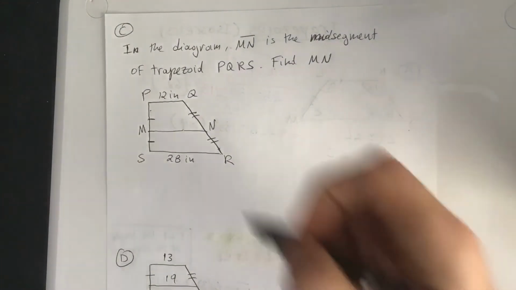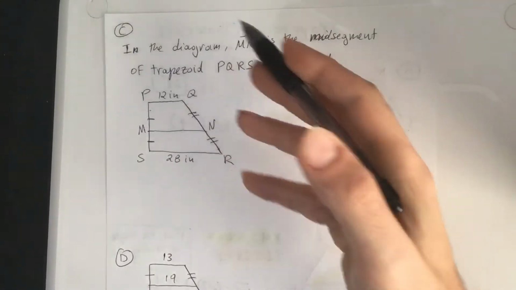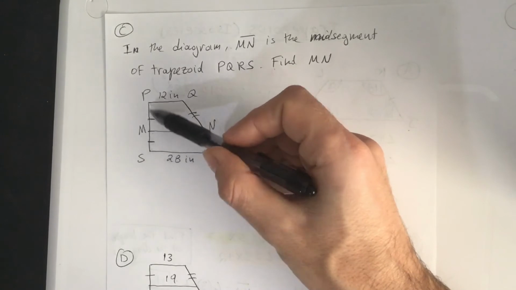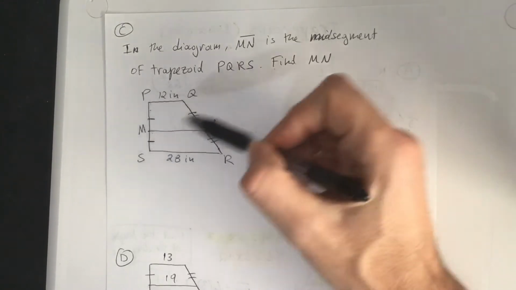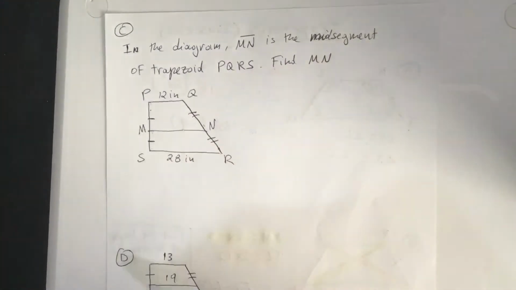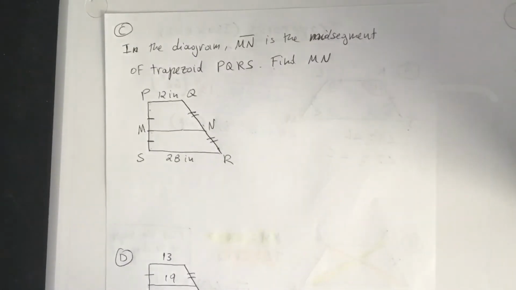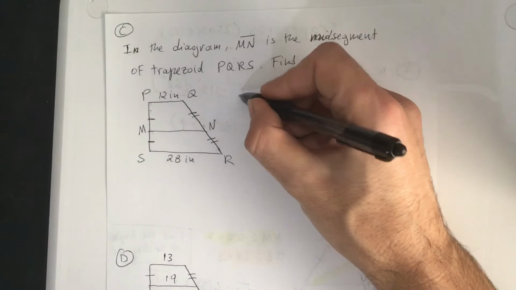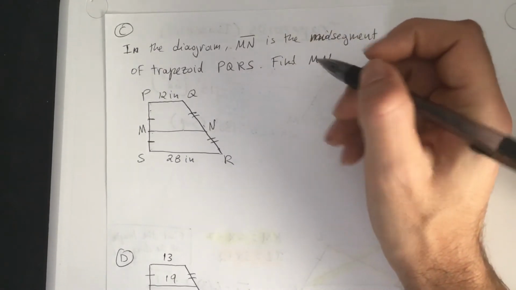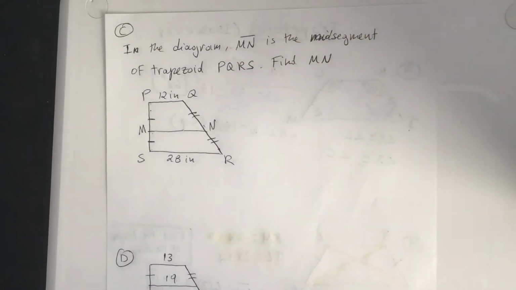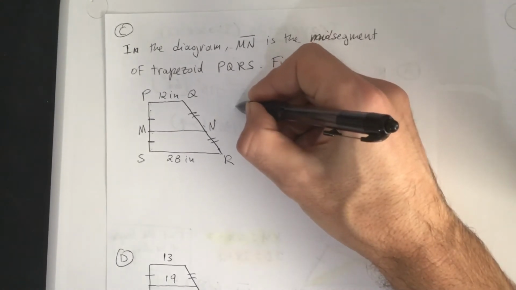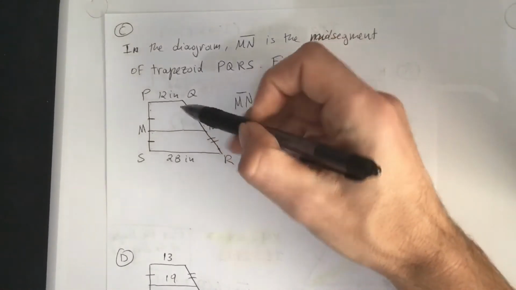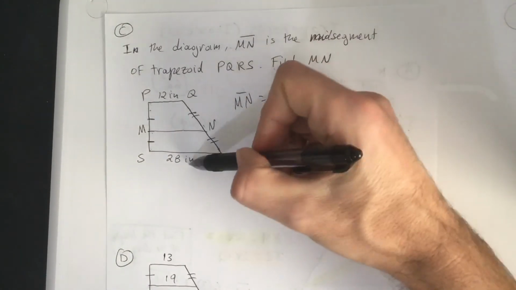So basically to find out the mid-segment of a trapezoid, it's a mid-segment because this side over here is the same thing. This segment over here is the same thing as this one, and this one is the same thing as that one, even though the picture doesn't look that great. Well, it's basically the average. Okay, so the mid-segment here, let's write it down as MN. It's going to be the average. So basically it's going to be adding this one plus that one and divided by 2.